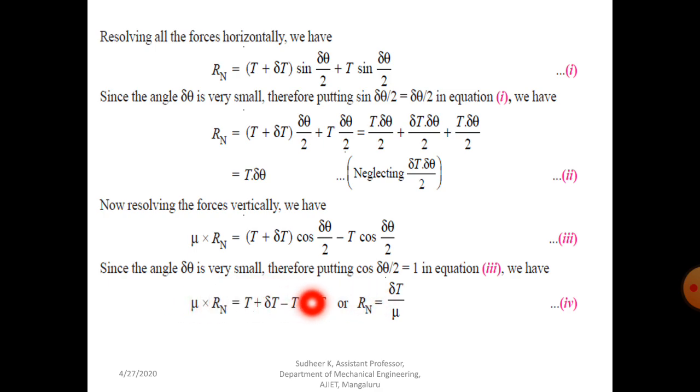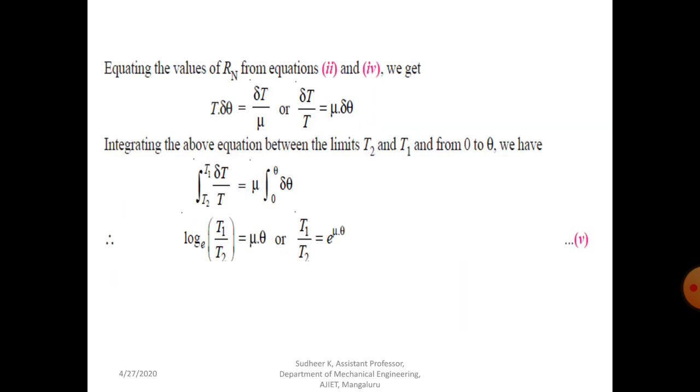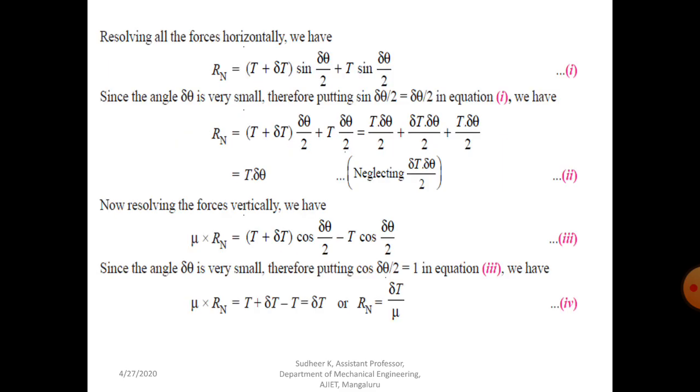So if I write in terms of Rn, Rn equals dT divided by mu, so mu goes to the denominator. So Rn will be dT divided by mu. So that is expression number 4. Now you have to equate the value of Rn from equations 2 and 4, because you can see the LHS remains the same, Rn is here, Rn also here.